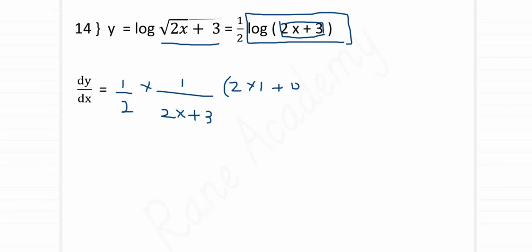So 2 into 1, 2 plus 0, we get 2. This 2 will get cancelled with the half's 2, and you get the answer as 1 upon 2x plus 3. So the derivative of log of under root of 2x plus 3 is 1 upon 2x plus 3.